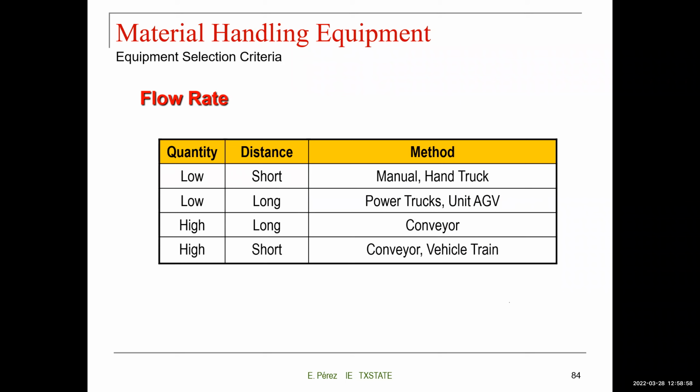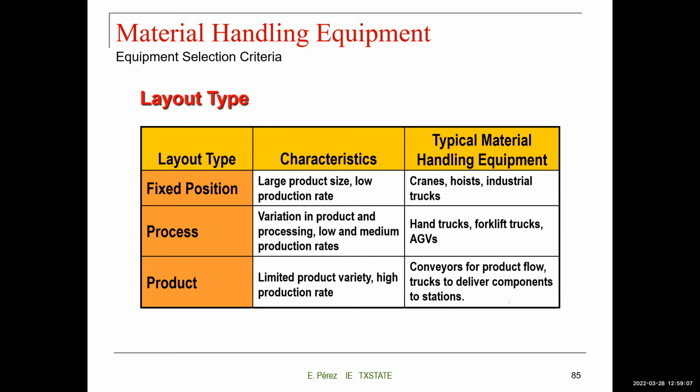So this is the summary in terms of flow rate. This is the same information we have in the previous slide. And we talk about the layout type: fixed position, process, and product. So this again ties back to other discussion that we had at the beginning of the semester. If you have a fixed position, large product size, low production rate, then you will be using cranes, hoists, industrial trucks to manage that design.